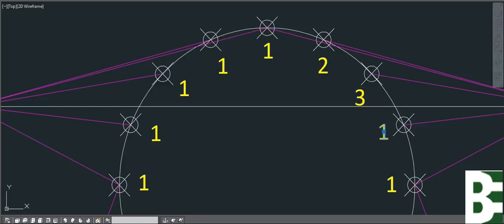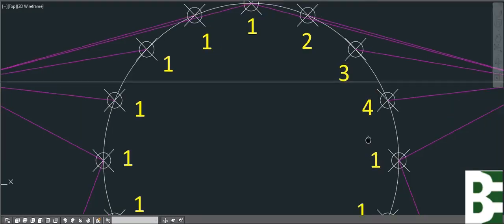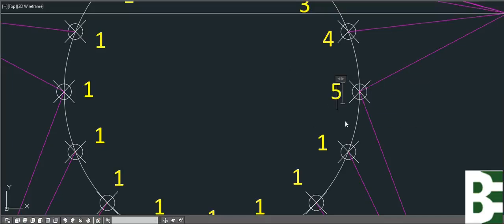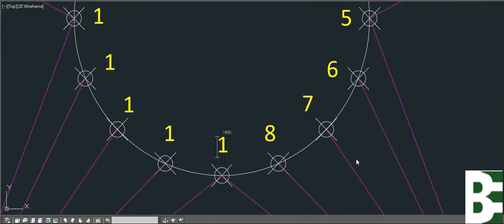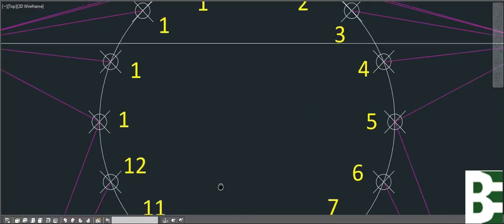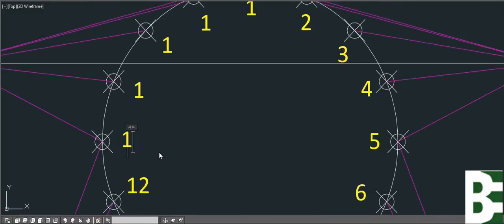So add them all. This is number 13, number 14, 15, and the last one is 16.